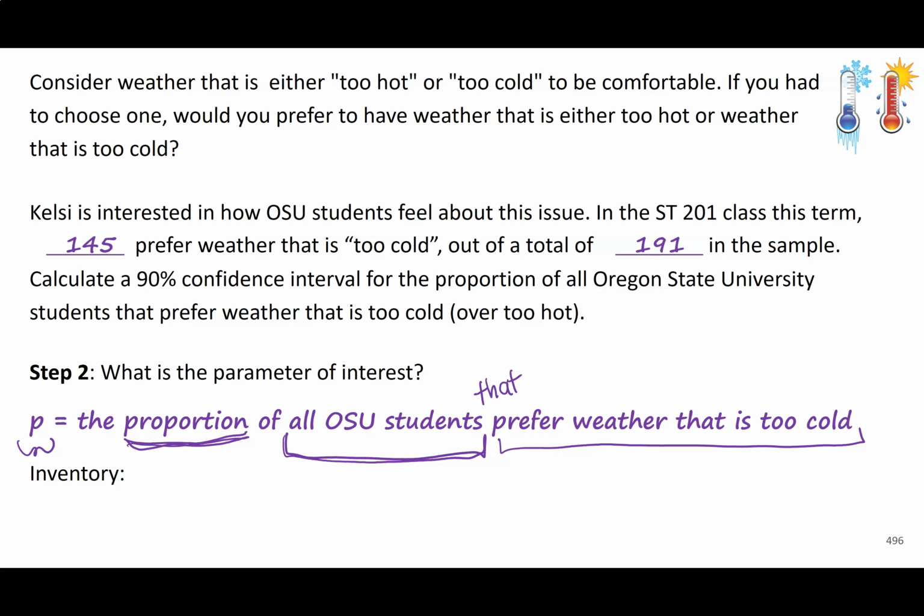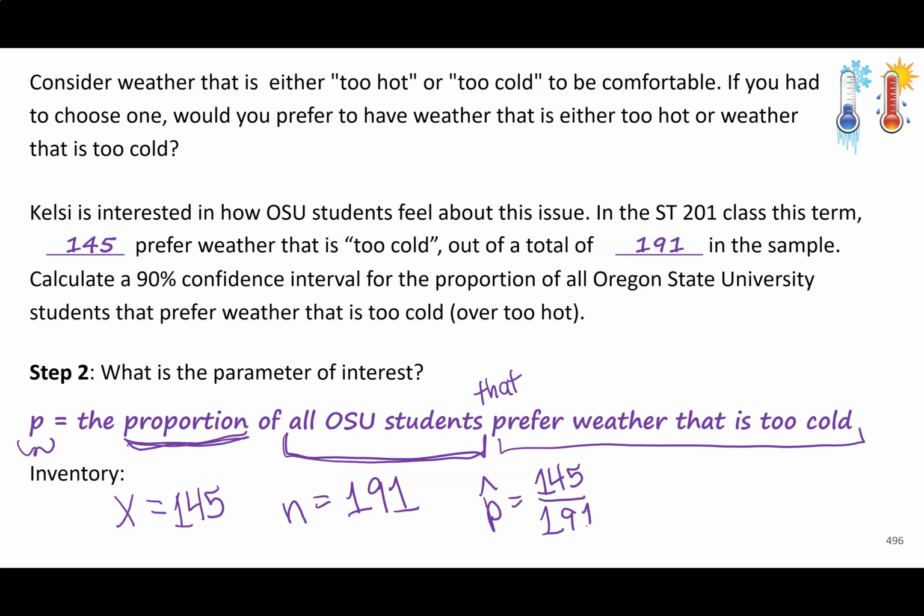And then for the inventory, X is just the number of successes. My count is 145. My sample size is 191. And my p hat is 145 over 191.